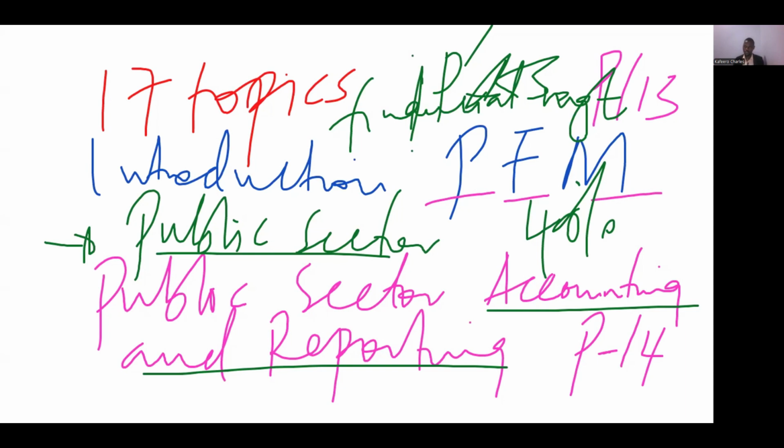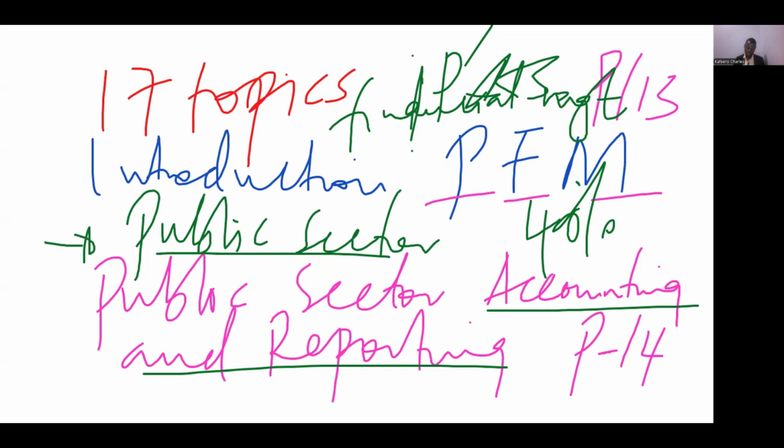That is the information needs of the different users. We shall also need to cover other aspects from within the introductory point of view, just a little bit of what a public sector is and public sector financial management.